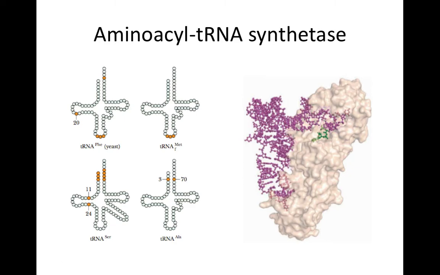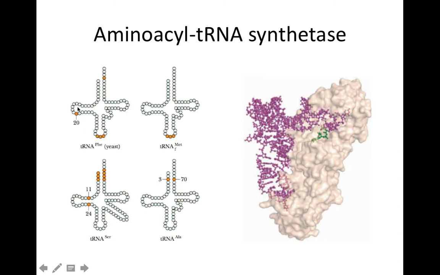Your synthetase has to be super smart such that it will recognize what type of tRNA you are so that it will know what amino acid to put into that tRNA. This tRNA here is tRNA phenylalanine, which has a different structure than the tRNA of methionine. It's also different from the tRNA for serine and the tRNA for alanine.